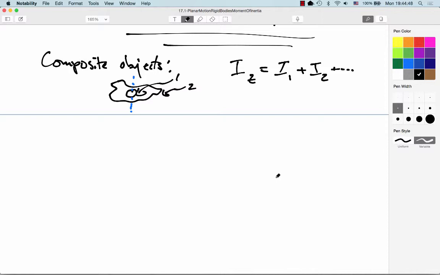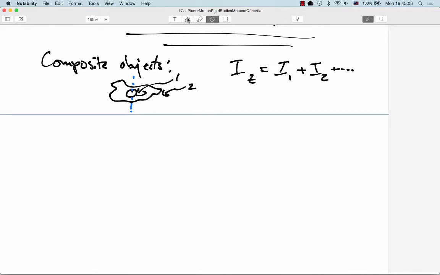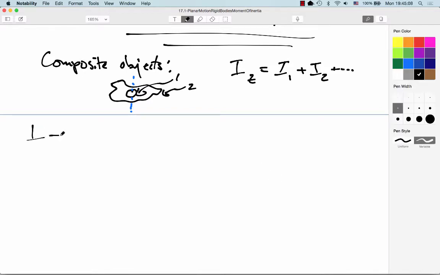Now, I know from your lower division courses that you've heard of the parallel axis theorem before, but did you know there's a perpendicular axis theorem? Why, yes, there is. This only applies for thin lamina, or for a plane lamina.